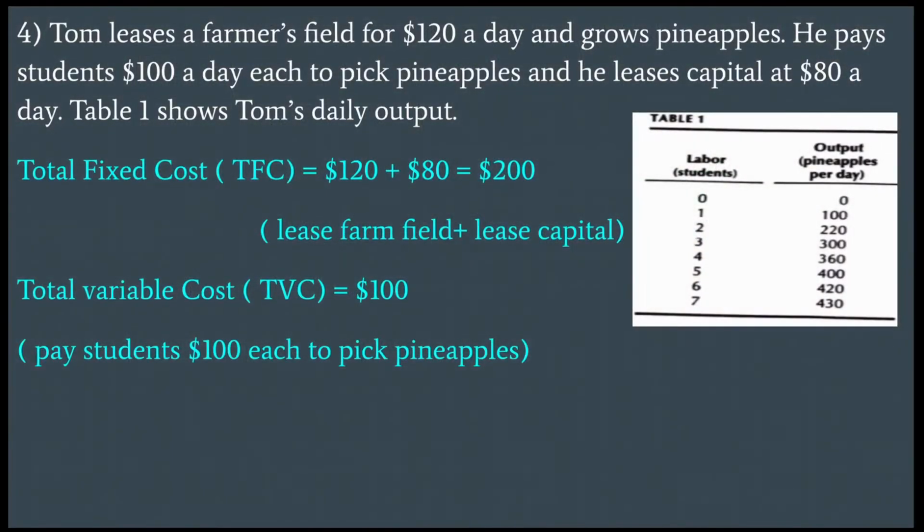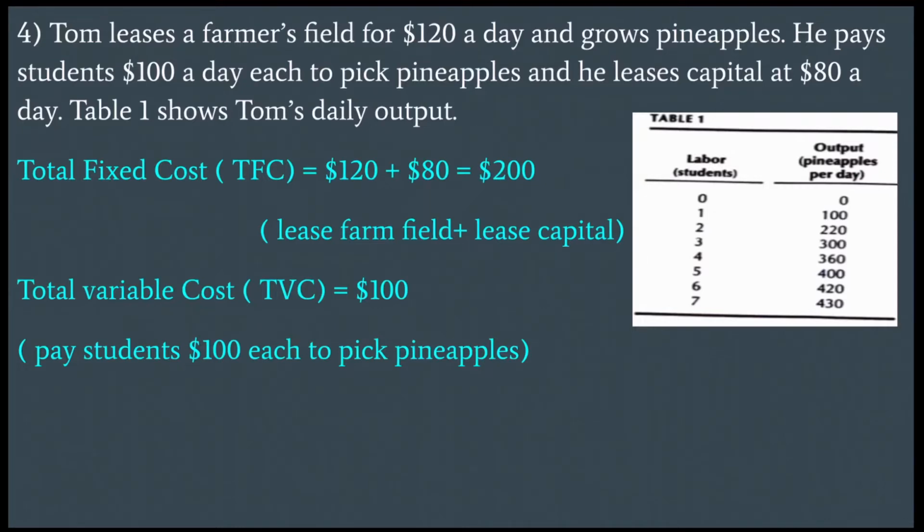Tom leases a farmer's field for $120 a day and grows pineapples. He pays students $100 a day each to pick pineapples, and he leases capital at $80 a day. Table 1 shows Tom's daily output. So here the total fixed cost is 120 plus $80, which is $200.